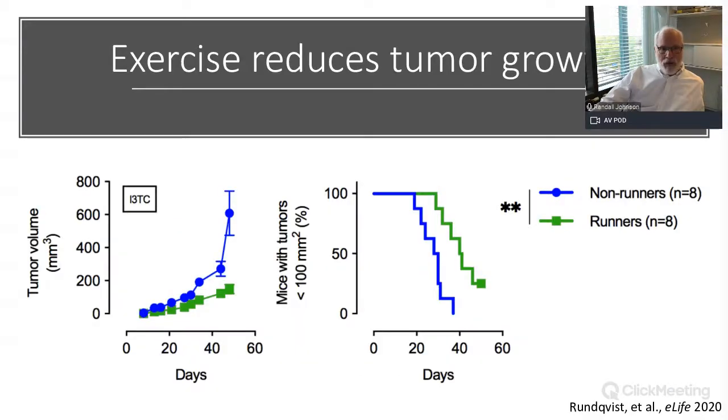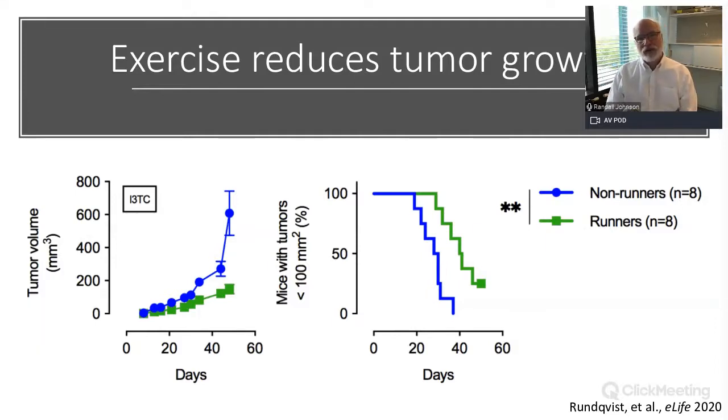So the one thing that she showed first, and this is in an eLife paper that just came out a few months ago, was something that other groups have also shown, that in this model, but as I said, this has probably been shown in at least a couple of dozen papers now, from a wide range of groups, that exercise in mouse models can actually reduce tumor progression and growth.